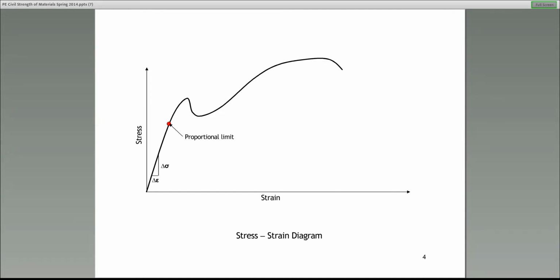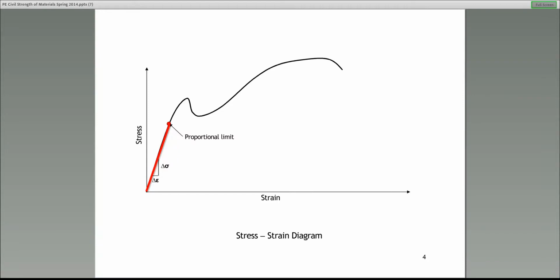All right? Okay, so proportional limit simply is the point on the curve below which the stress and strain are proportional. In other words, all the points below the proportional limit on this curve are proportional.